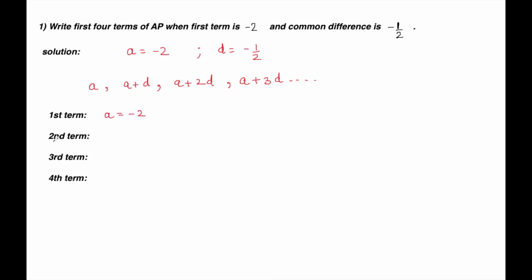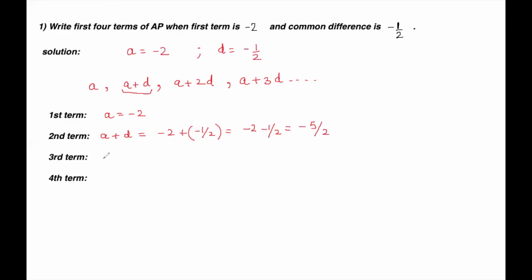Now we need to evaluate the second term, right? So second term is equals to A plus D. We have A as minus 2 and we have D as minus 1 by 2. So this is equals to minus 2 minus 1 by 2. This is equals to minus 5 by 2. So we have got a second term that is equals to minus 5 by 2.